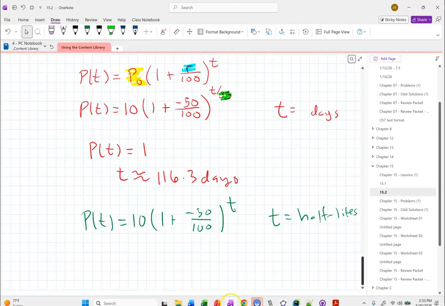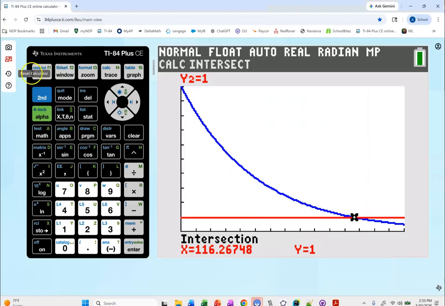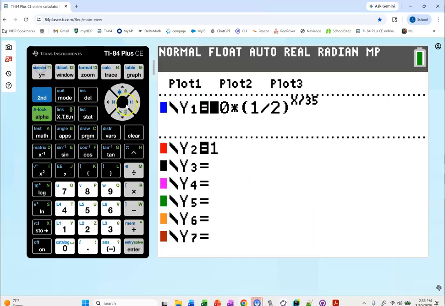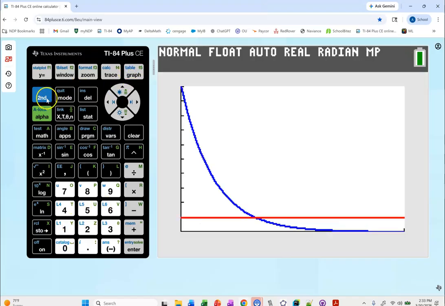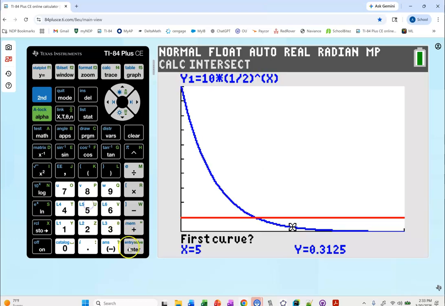So if you did the same thing, and we cut this divides by 35 off, probably can reset the window out to like 10 or something here. And I do second trace, intersect command, enter, enter, enter. So I have 3.32 half-lives.